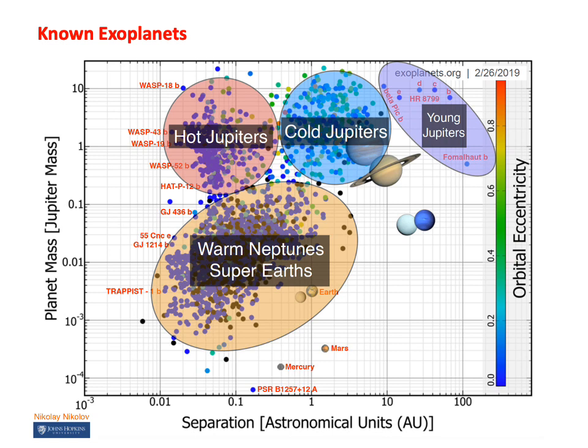So blue points have circular orbits, what they call an eccentricity of 0. Green points are way more out of round. They have much more elliptical orbits. And then yellow and orange points are highly elliptical, almost like a comet's orbit, where they come in close to their star and then move way, way far away.